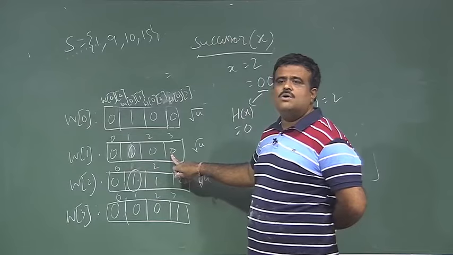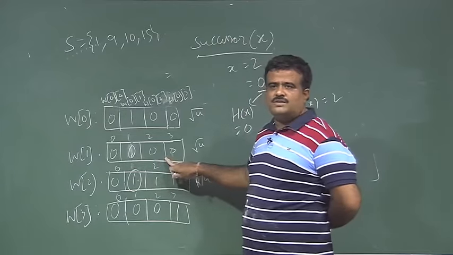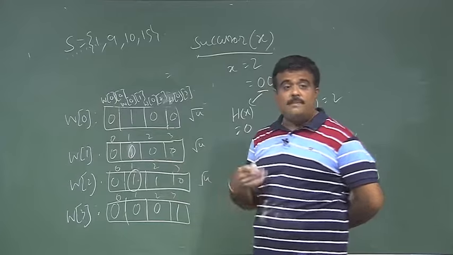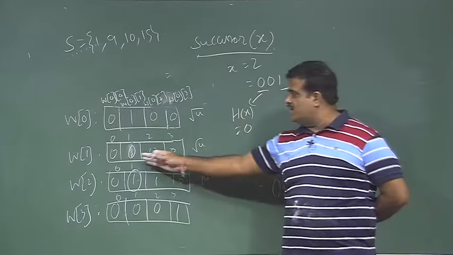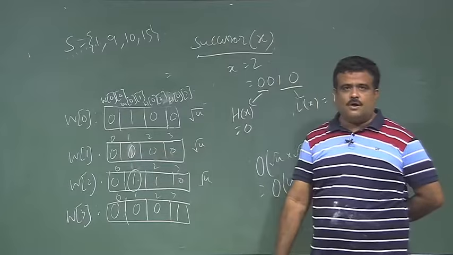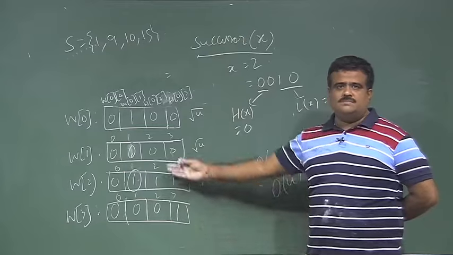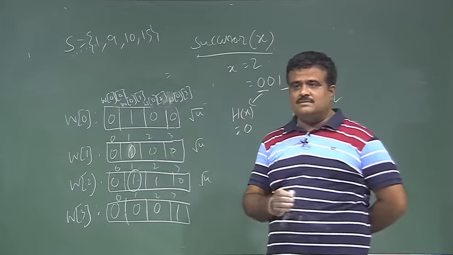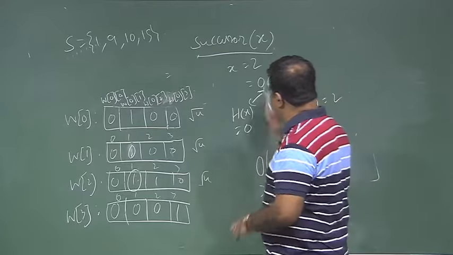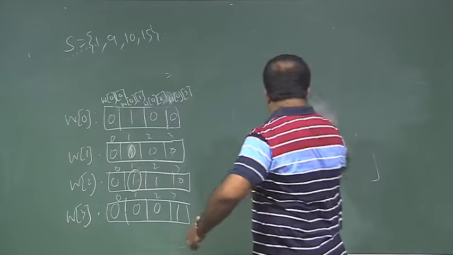There is no 1 in this block. So, to search in this block is a wastage of time. So, how to avoid that? Can you think of some augmentation in this data structure so that we can avoid searching in this block? If we can have this knowledge beforehand, we will avoid searching in that block.